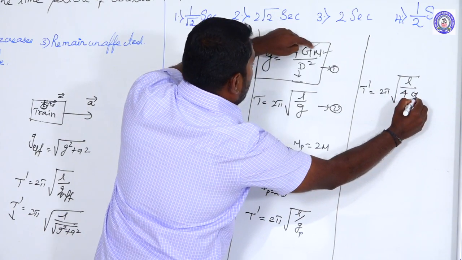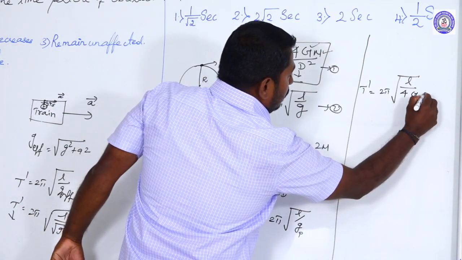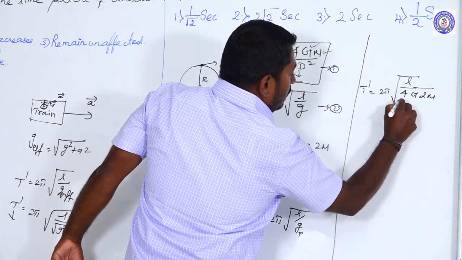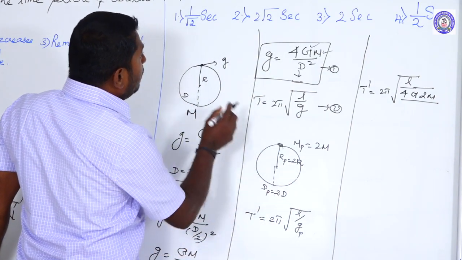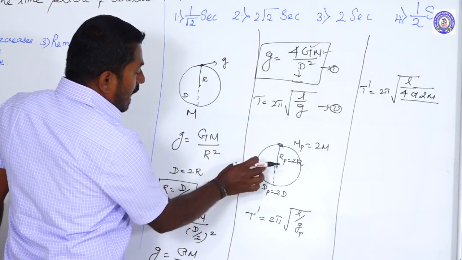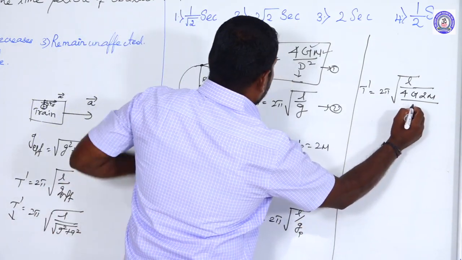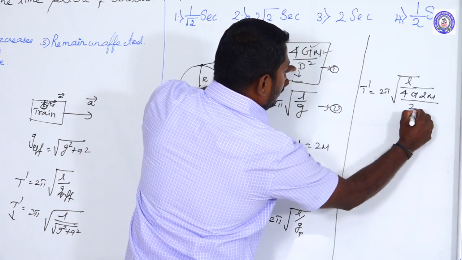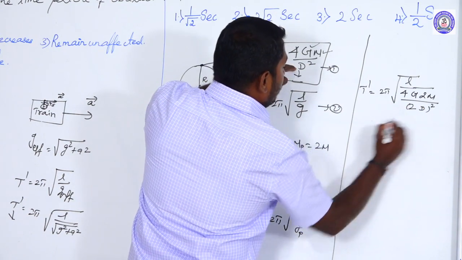gp is equal to G, mass of the planet which is twice the mass of the Earth, 2M, divided by diameter of the planet which is twice the diameter of the Earth, 2d whole square.